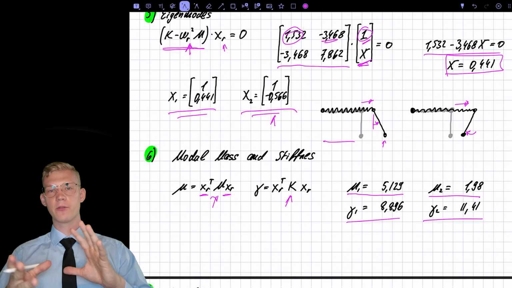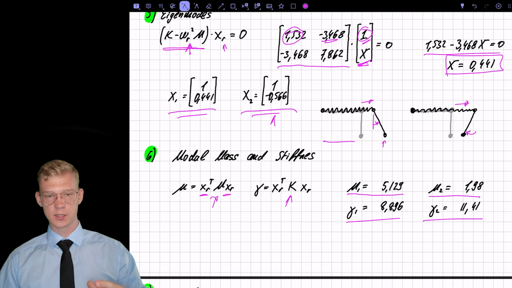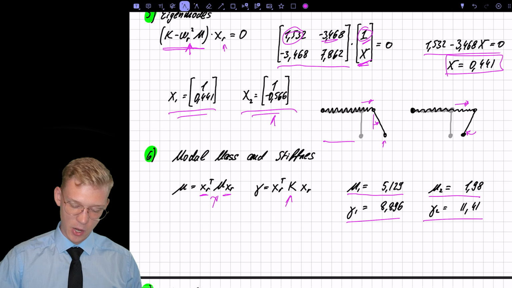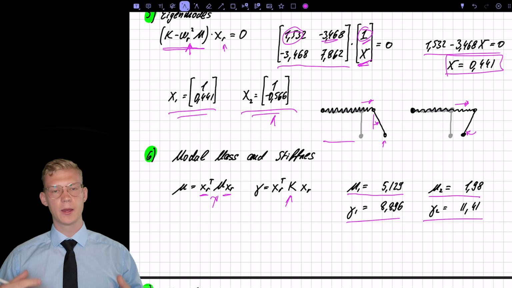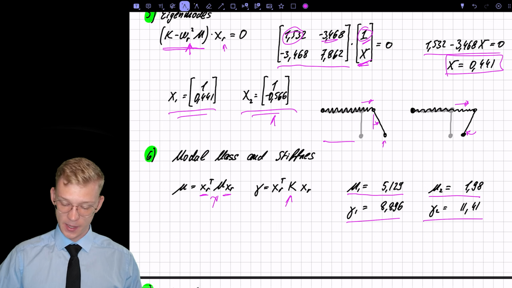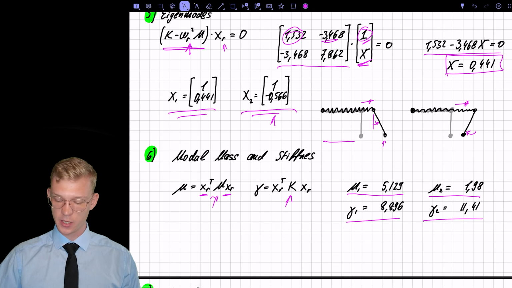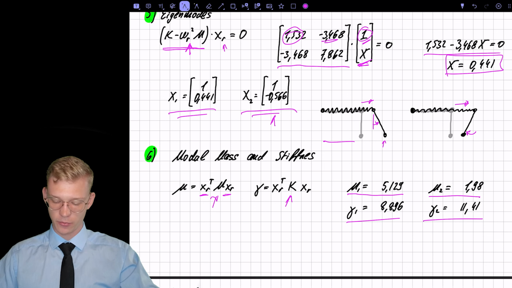Because if we look at the equation, if we have a larger eigen stiffness, we also need a larger frequency for a given mass matrix. So you know that this eigenmode is more complex than the first one, because here we move in the opposite direction. On the first one, we move in the same direction.